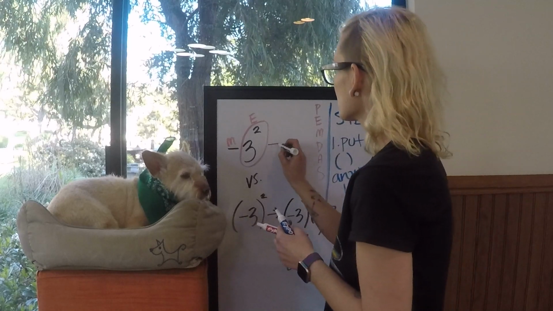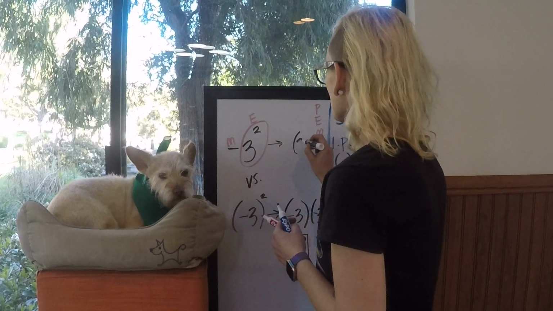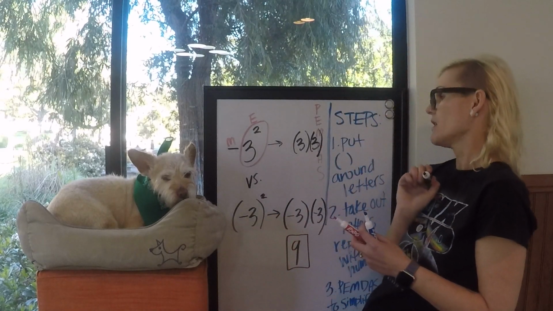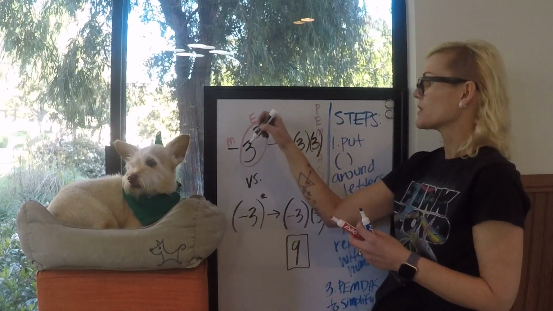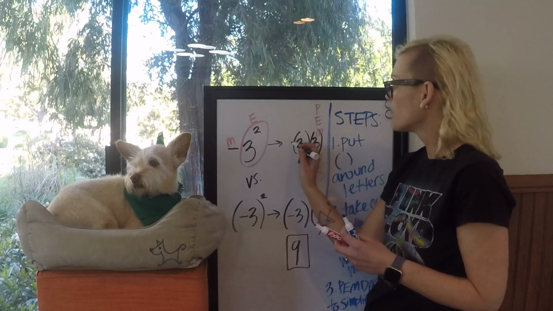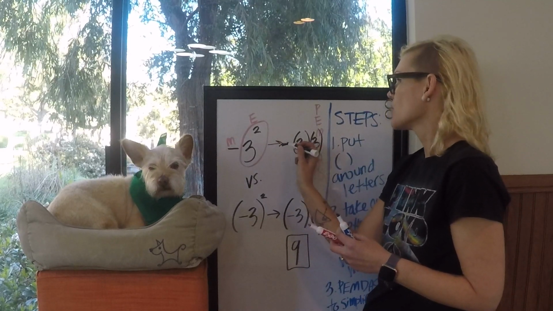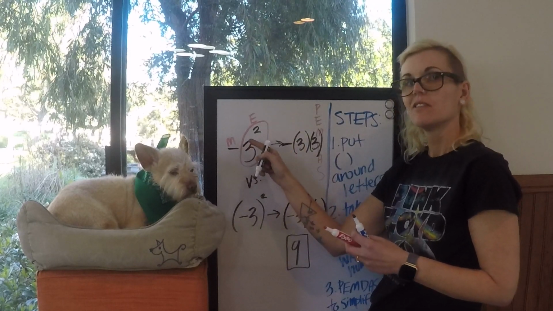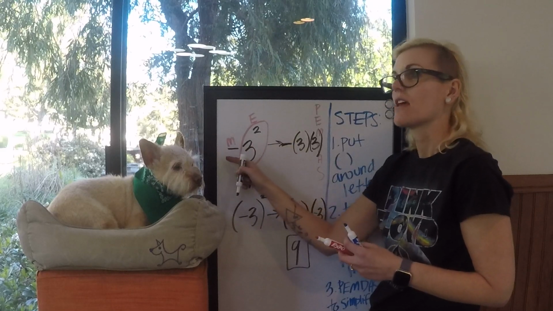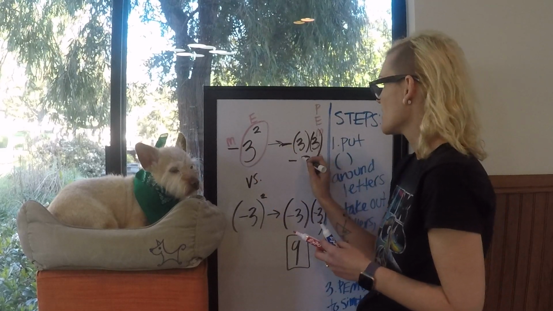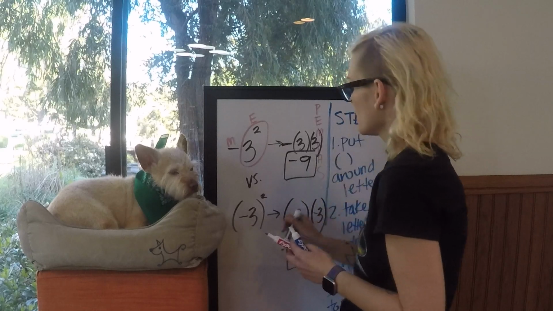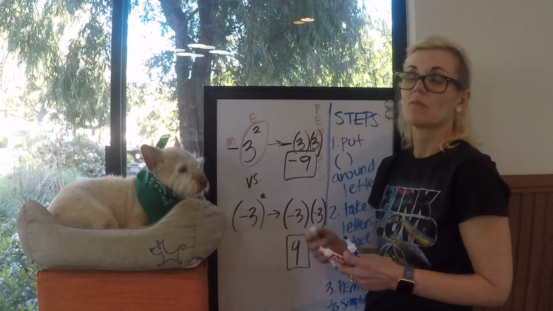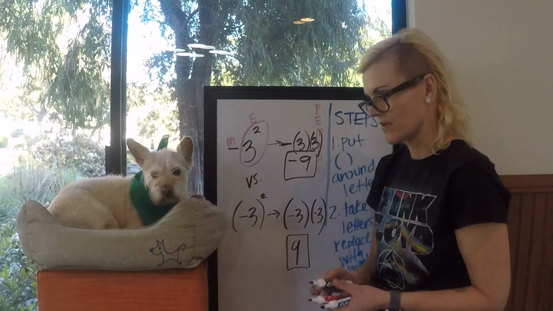So what this says is I'm going to do 3 times 3 first. I've got to do my exponents before I multiply. So negative 3 squared is actually done 3 squared and then negative. So that's going to give me a negative 9. So without parentheses, I get a negative 9. With parentheses, I get a positive 9.